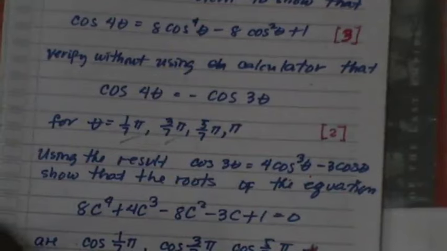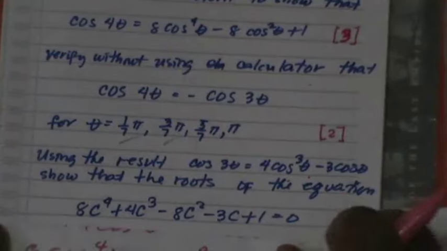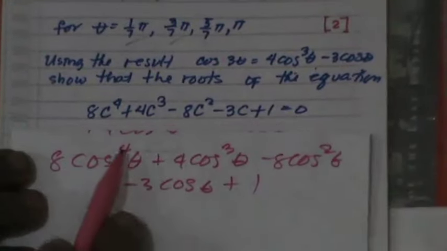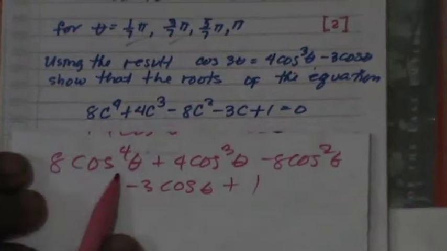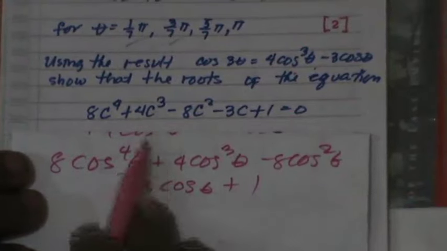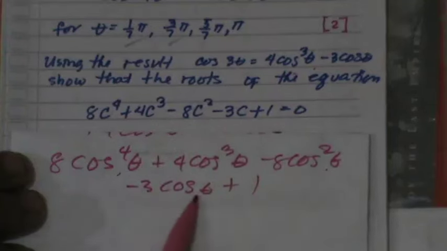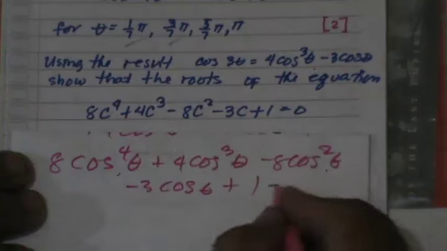When you compare that to this, they're actually the same. See, 8c to the fourth, plus 4c cubed minus 8c squared minus 3 cosine plus 1 equals 0.